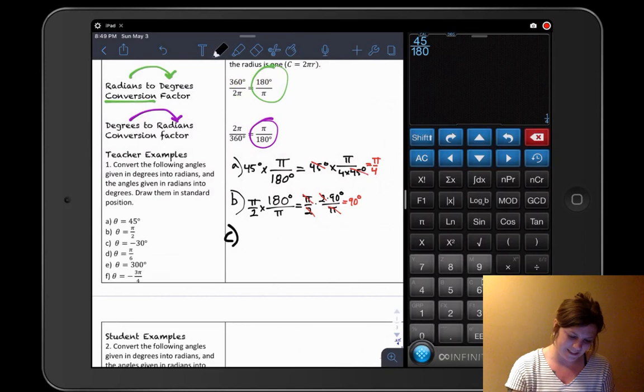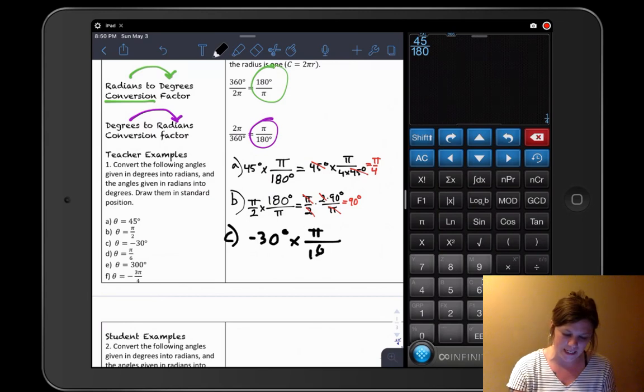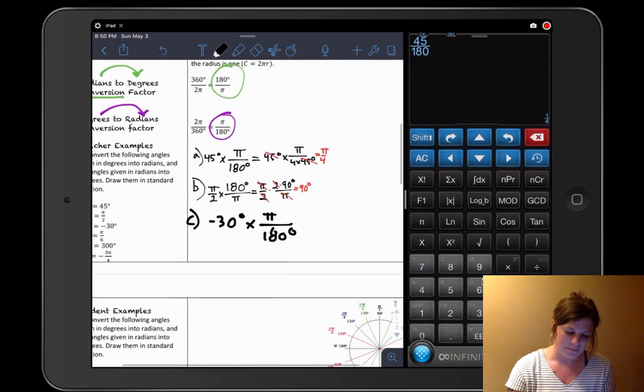C is negative 30 degrees. And okay, I'm going to start skipping steps a little bit here. So pi over 180 degrees. I know that 30 goes into 180 6 times, right? 18 divided by 3 is 6. So this would be, don't forget the negative, negative pi over 6 when we reduce it.